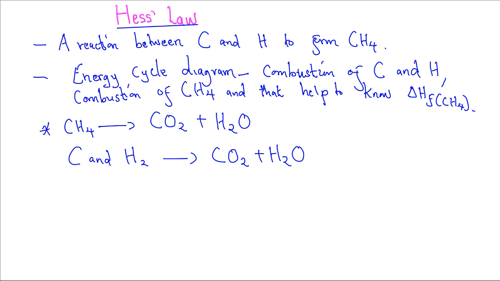When we say that individual elements burn to produce carbon dioxide and water, what we simply mean is that carbon, as one of the two elements, burns in oxygen to give carbon dioxide.